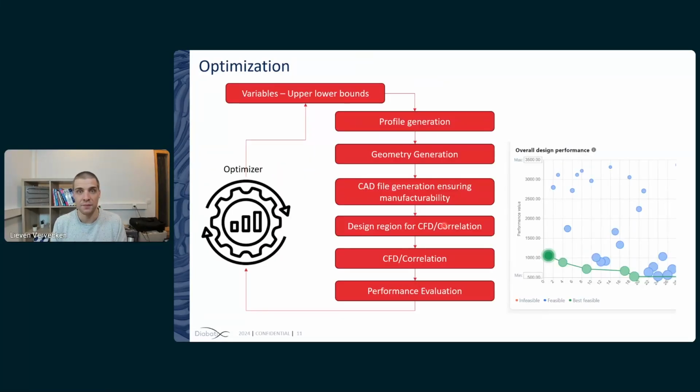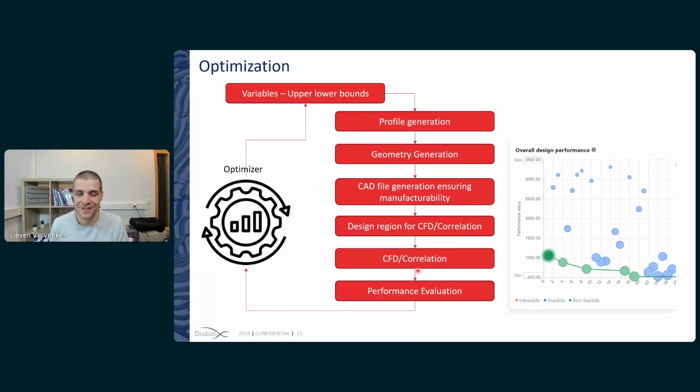So this is what the process looks like from a quite abstract view. You have your optimization algorithm that proposes some variables that need to meet upper and lower bounds. Based on these variables and the bounds, a profile is proposed. Based on this profile, a geometry is created. This geometry is then transferred into a CAD file, be it a STEP, an STL, or any other CAD geometry. You prepare your overall geometry, so your heatsink, for a performance study.